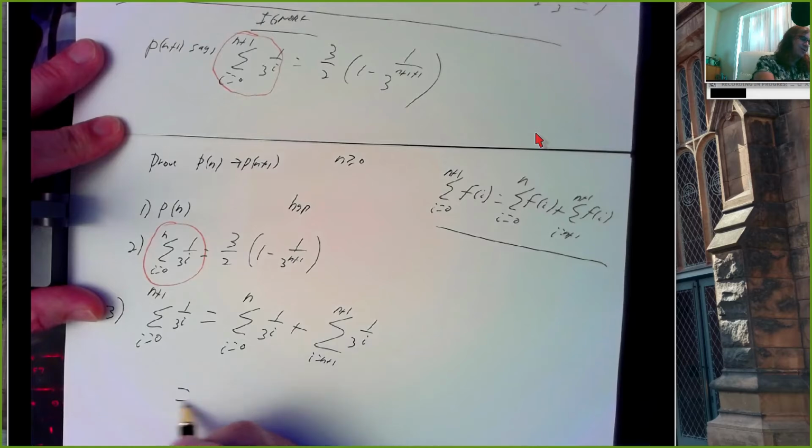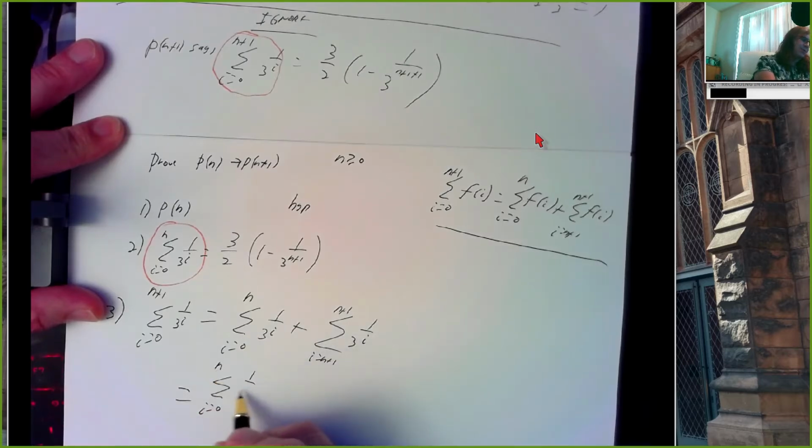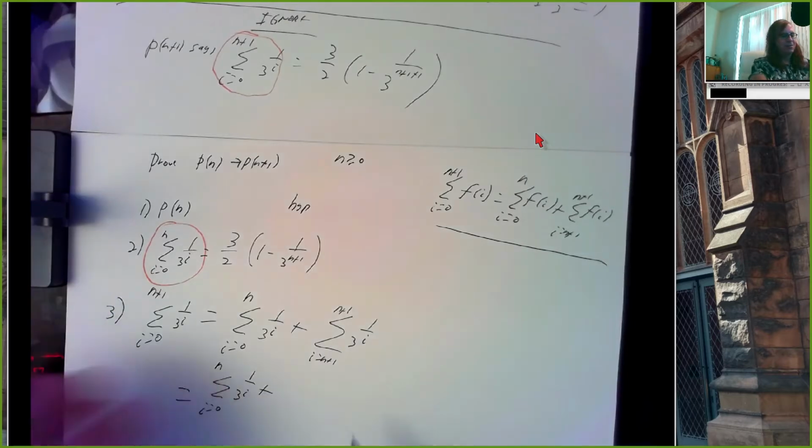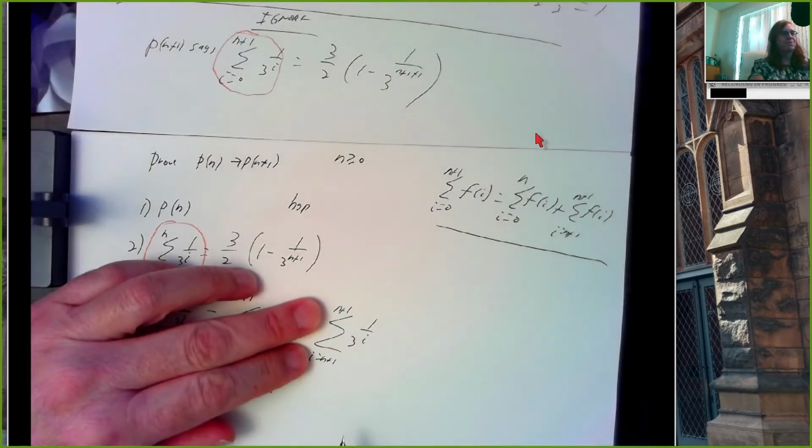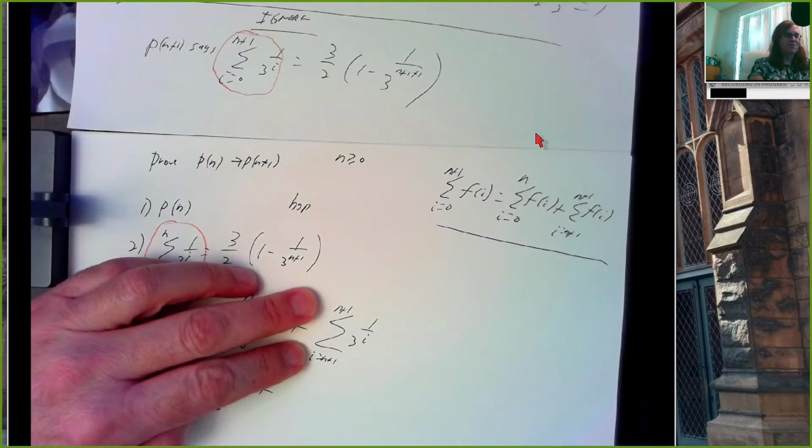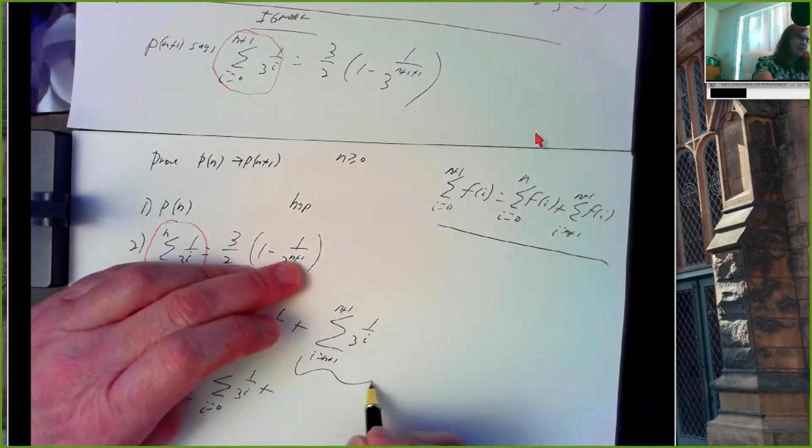And then I can write this as the sum from i equals 0 to n of 1 over 3 to the i plus, well, how do we do a summation from n plus 1 to n plus 1? Just substitute n plus 1 in for i. This whole thing here is just 1 over 3 to the n plus 1.